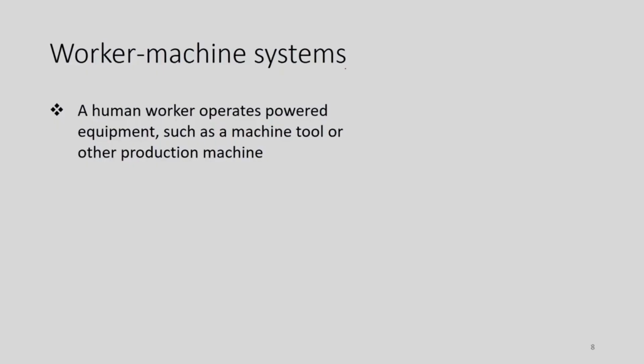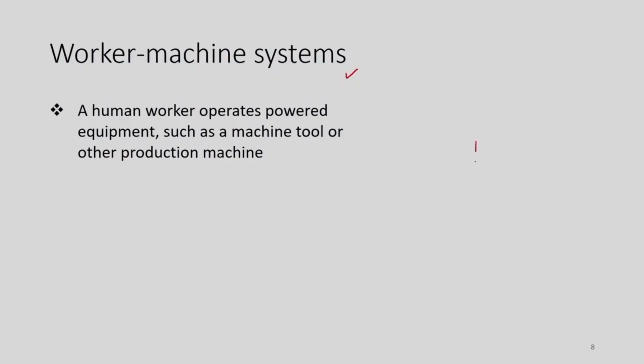The next category of manufacturing system is the worker machine system. In a worker machine system, a human worker or operator is using powered equipment such as a machine tool or other production machine to carry out the conversion operation.